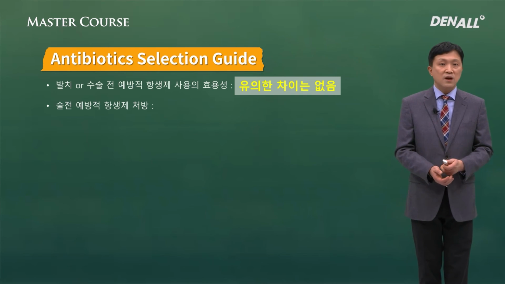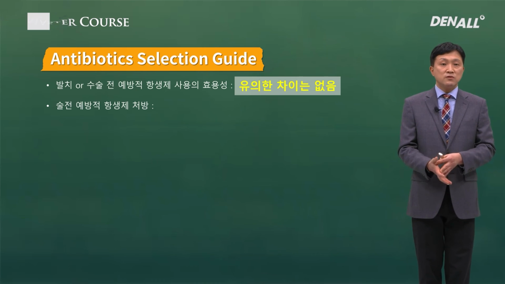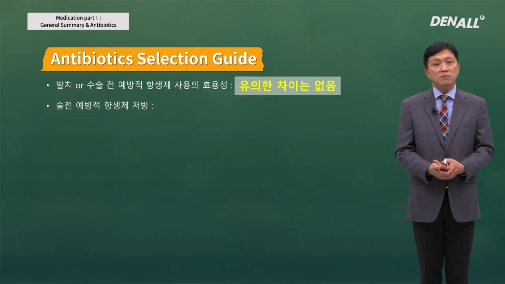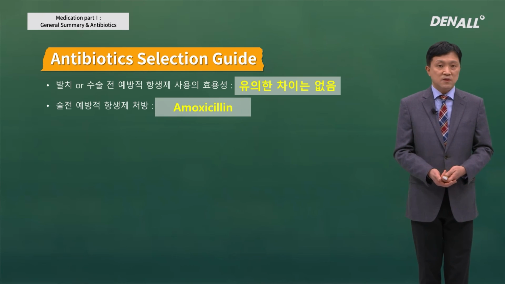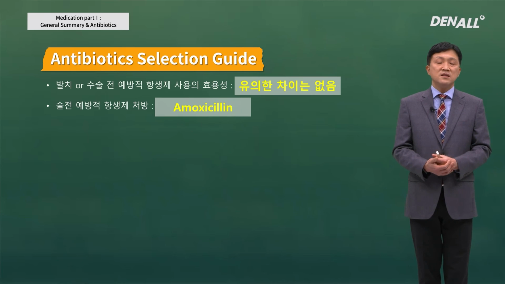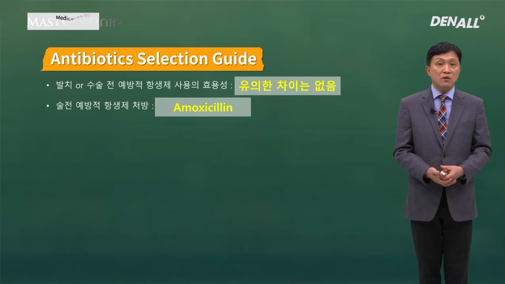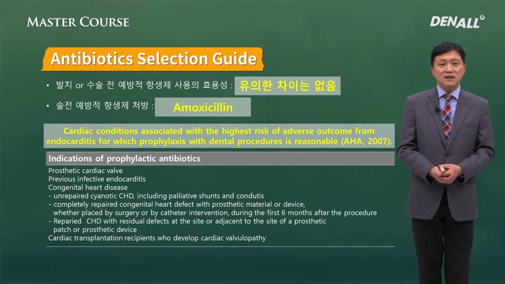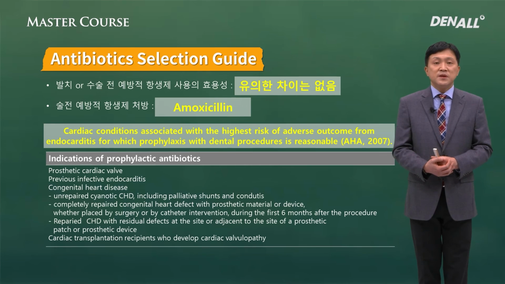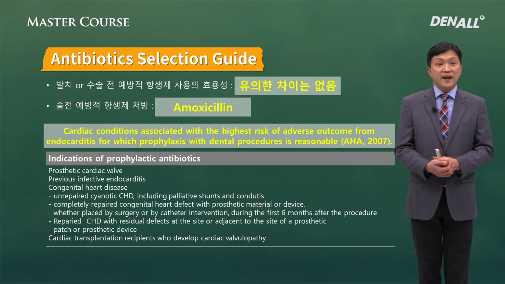So, I recommend that you use pre-op antibiotics for preventive purpose, and amoxicillin is the standard. For that, whom do we need to prescribe it, and who must have an amoxicillin prescription? This is most important to prevent infective endocarditis.